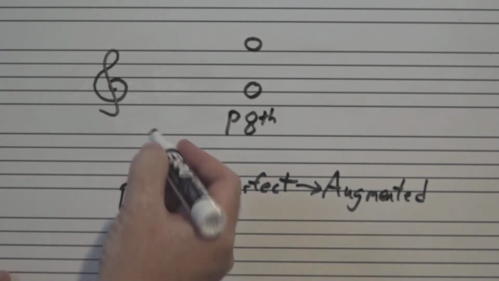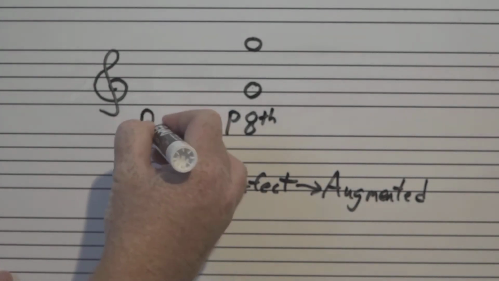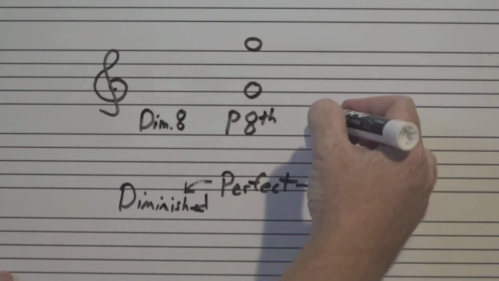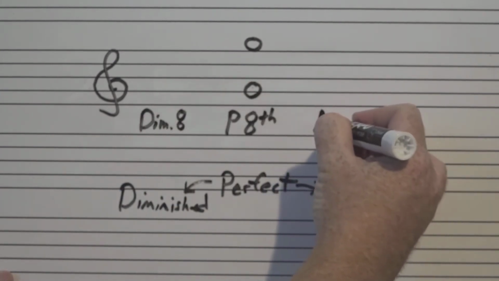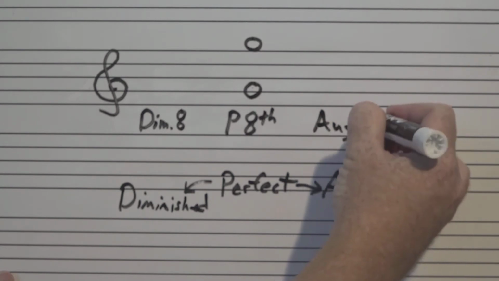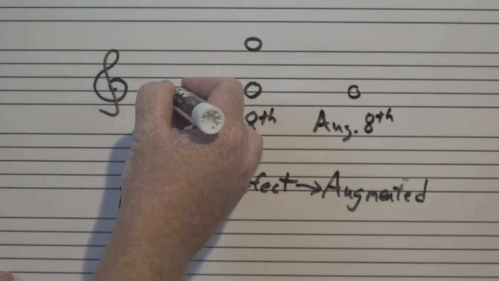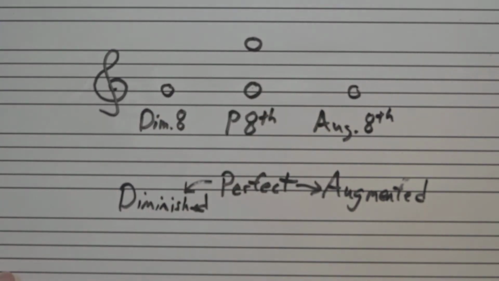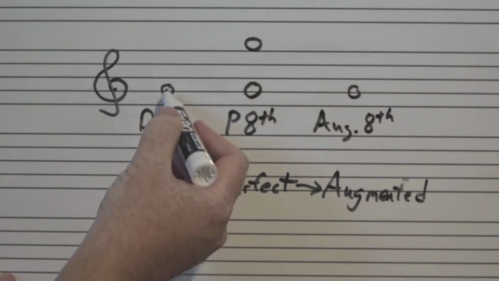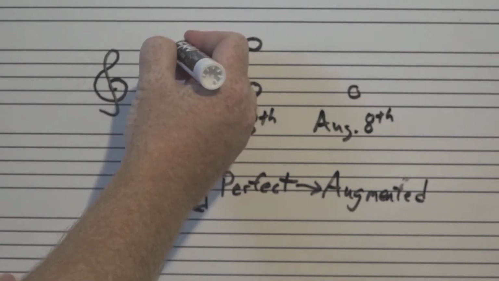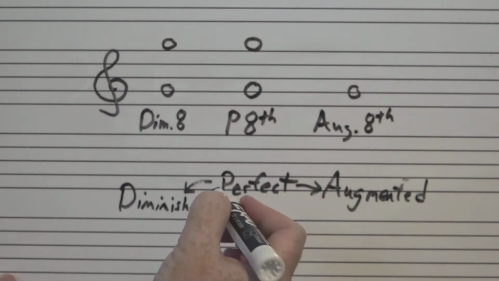But even octaves can be diminished and augmented. Let's start with the diminished. So it's still going to be an octave, so let's find what's in the major scale first by finding that perfect octave.